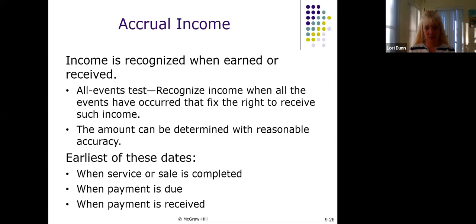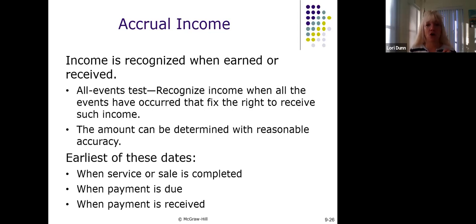So let's take a few minutes and talk about when do we recognize income under the accrual method. Now, back in our financial statement, it's generally when we earned it, but not so for taxes. Income is recognized when earned or received.